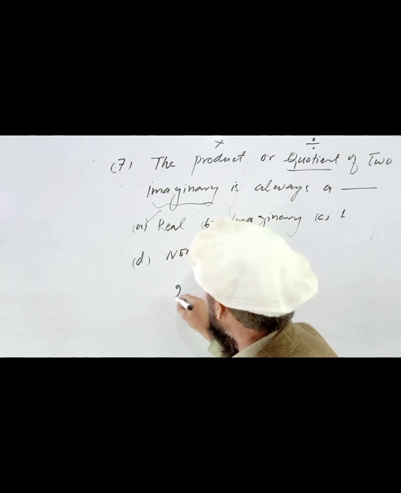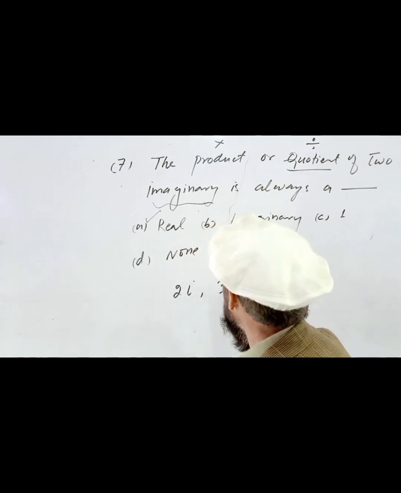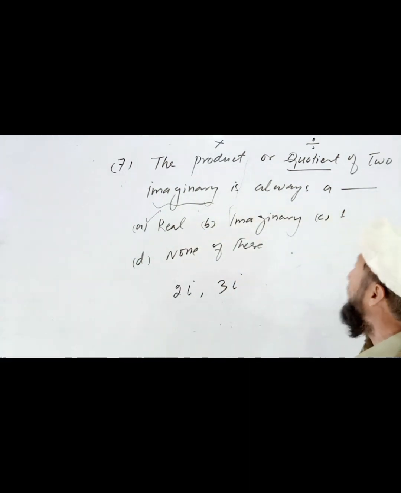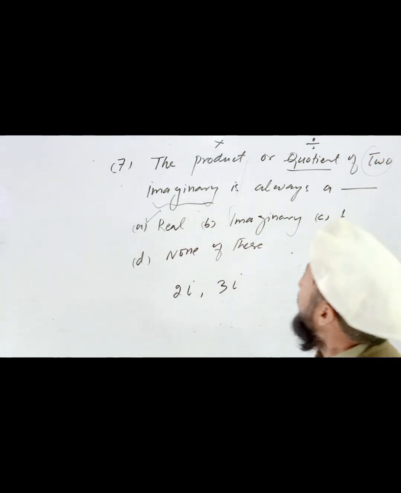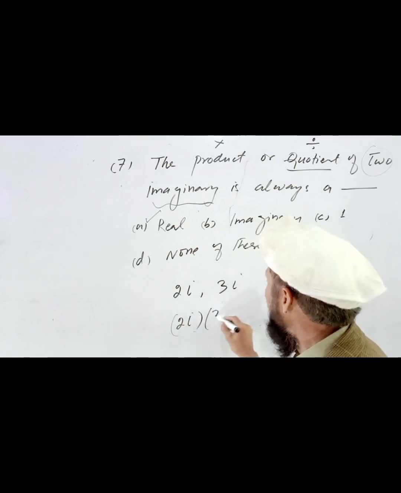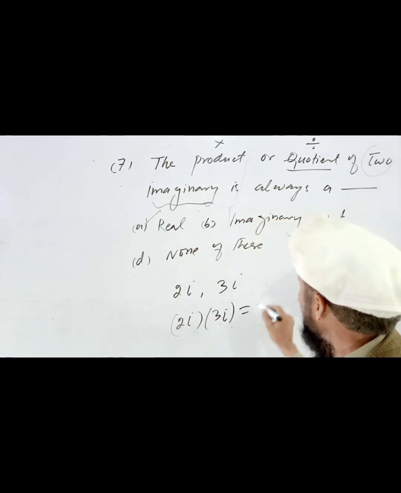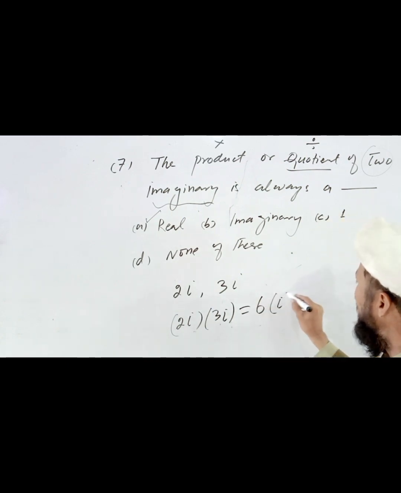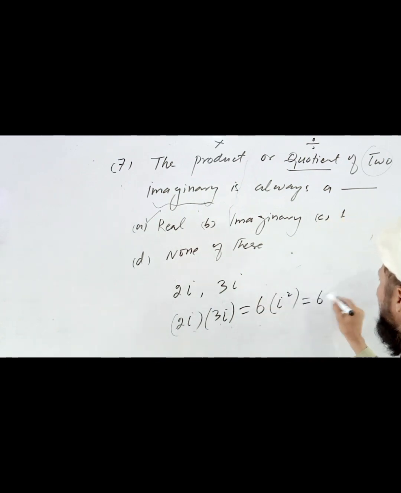For example, 2i and 3i are two imaginary numbers. According to the question, we take two imaginary numbers and multiply them with each other, so we get 6 i squared. So what is the result? 6 into minus 1 is equal to minus 6. Minus 6 is a real number.